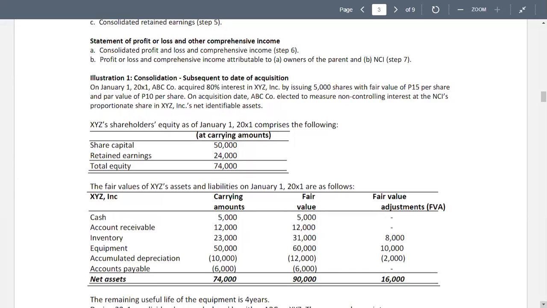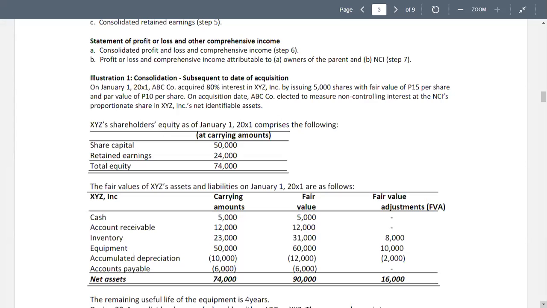But the inventory, the carrying amount is 23,000, whereas the fair value is 31,000. In other words, the inventory is undervalued by 8,000. So the fair value adjustment is an undervaluation. We are going to add to inventory 8,000. So your inventory will be 31,000. That is the fair market value.